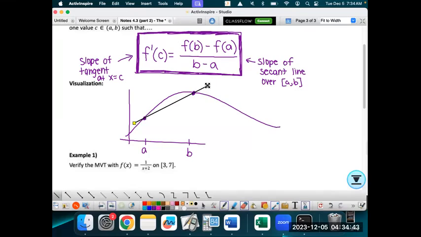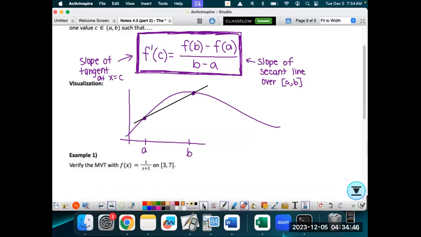Okay, so that would be our secant line. And then give me 1 second, I'm going to copy this. And then I'm going to figure out where there's an X value in that interval that has the same slope just by testing it out. About right here. Come on, line up. Okay, perfect.